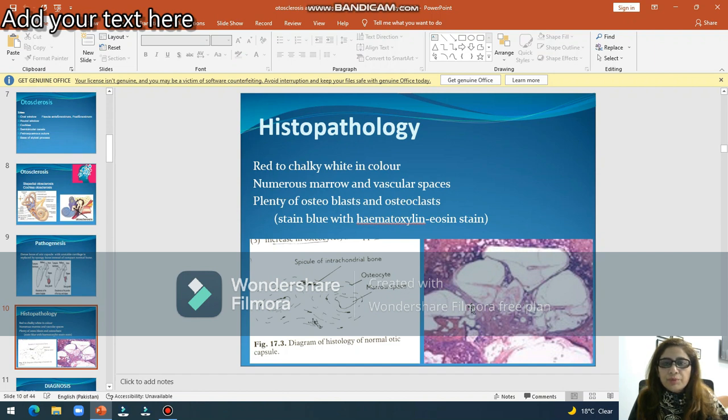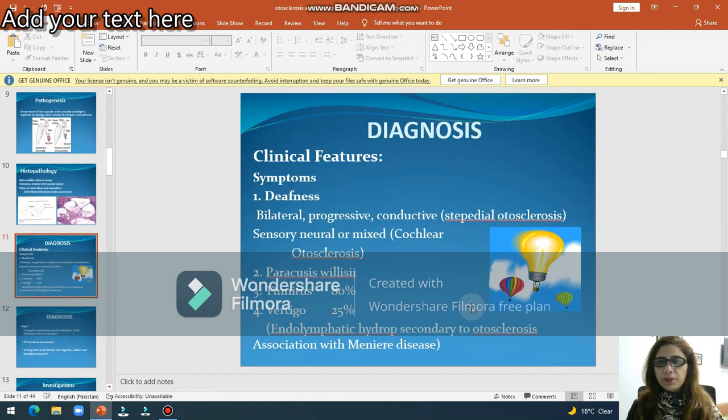Because it is immature, highly vascular bone, plenty of osteoblasts and osteoclasts are seen. There is resorption of mature bone and deposition of immature bone. So this is the histopathology. So how will you diagnose the case?